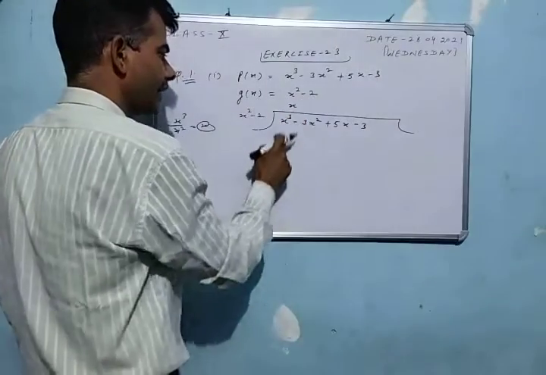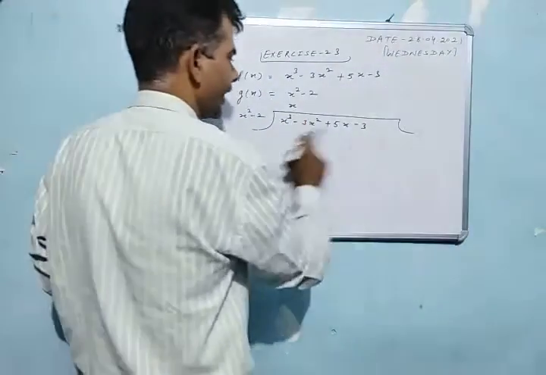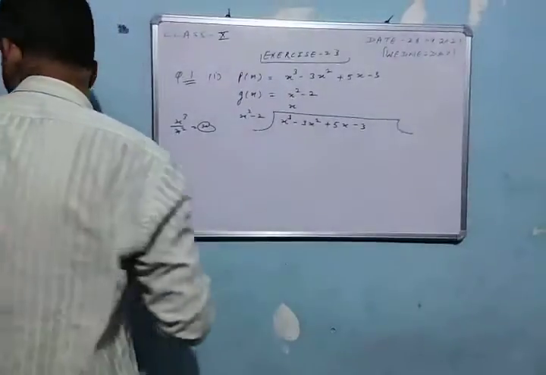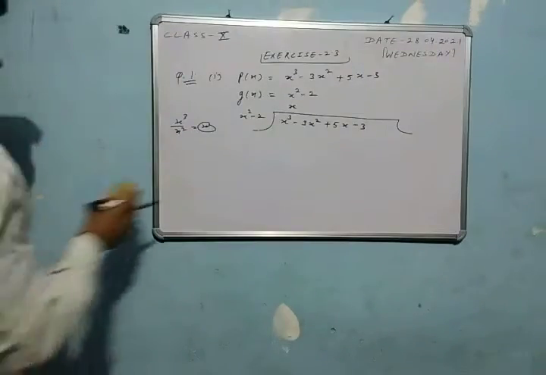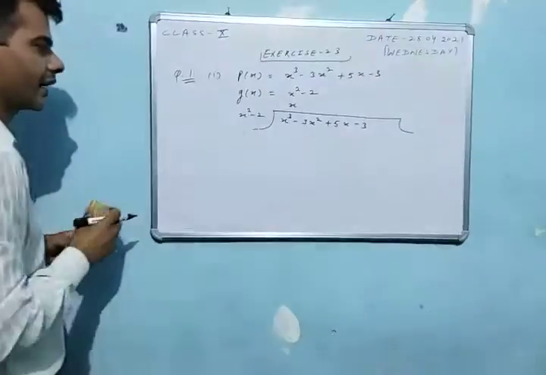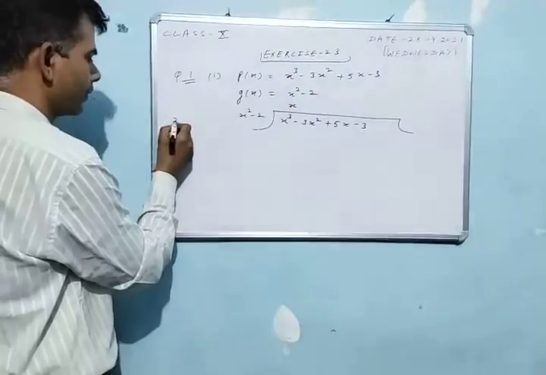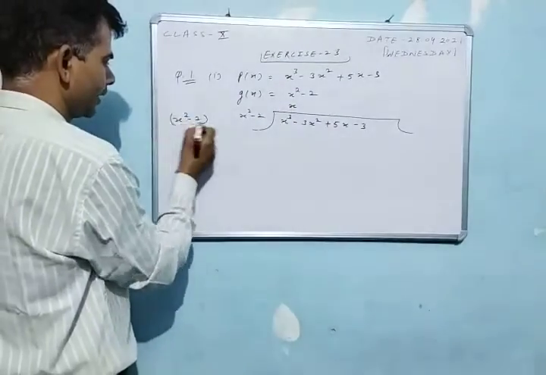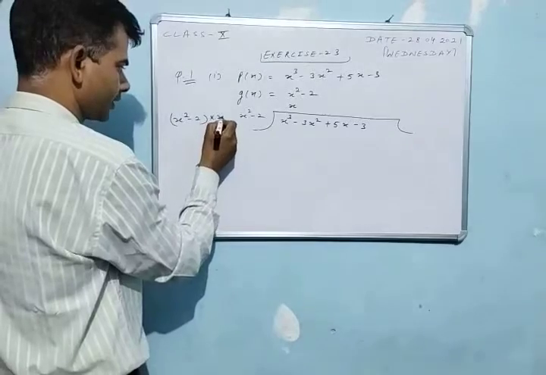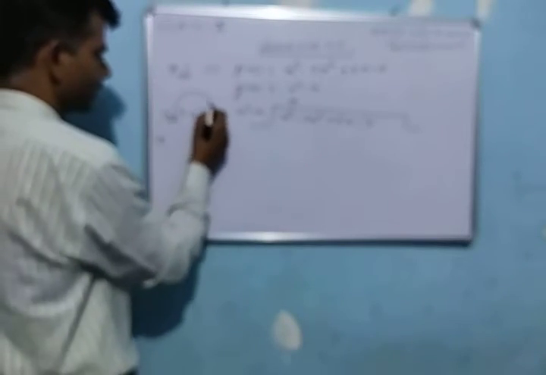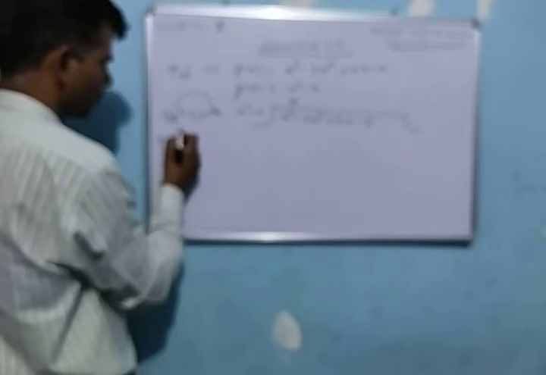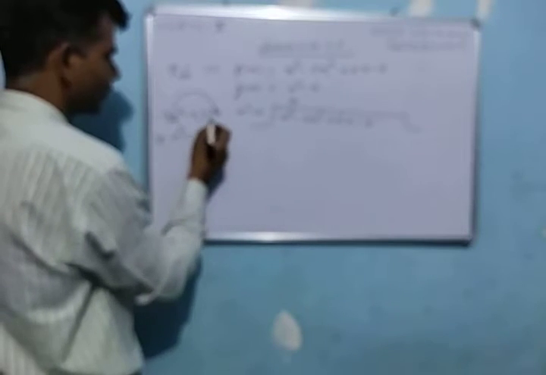The highest degree is x cube. Now x square minus 2 multiplied with x: x square times x is x cube, and minus 2 times x is minus 2x. The result will be x cube minus 2x.